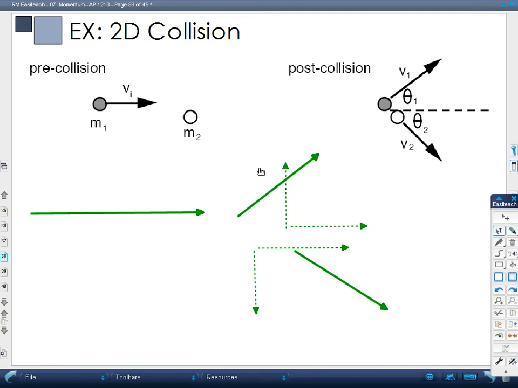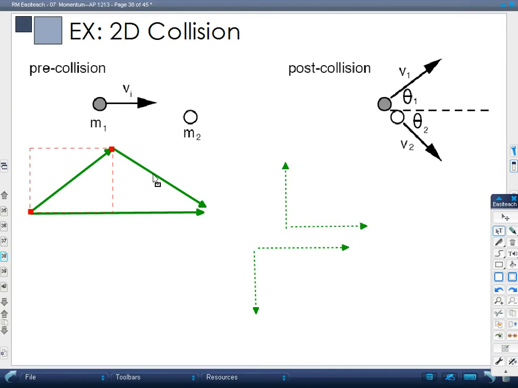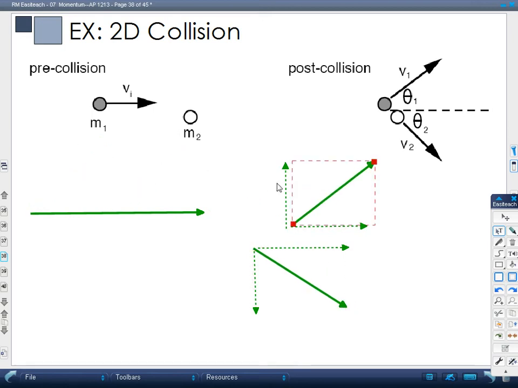And I can prove that by lining these up tip to tail. And you can see that that is the resultant. This vector plus this vector really does equal this vector. Now, we're going to do a lot of component analysis. So one way you could look at it is that if we add up all these four components, it equals that.